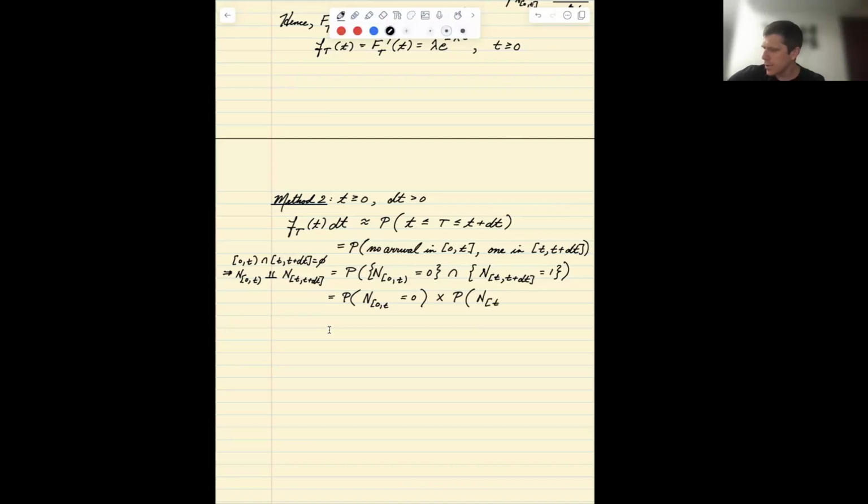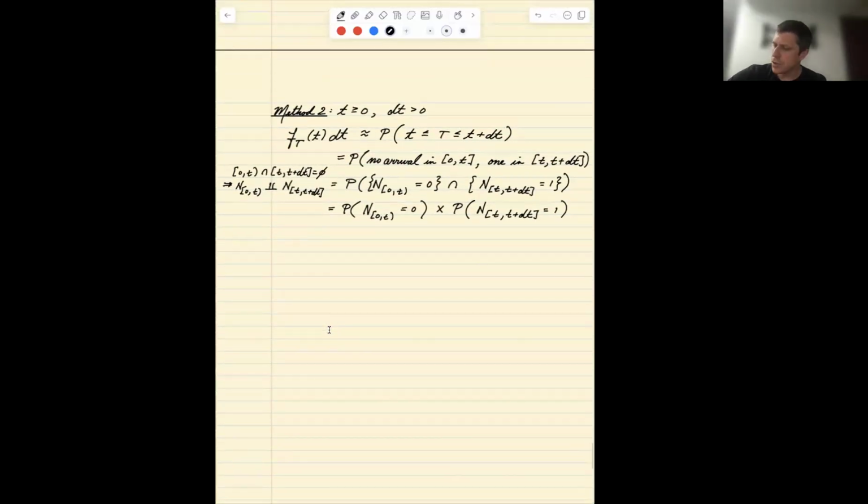And the product of the probabilities, each probability itself is from a different Poisson distribution, right? N of 0 to t, we already know, is Poisson lambda t. And N from t to t plus dt, well, that's Poisson lambda dt, right? It's just the width of the interval.